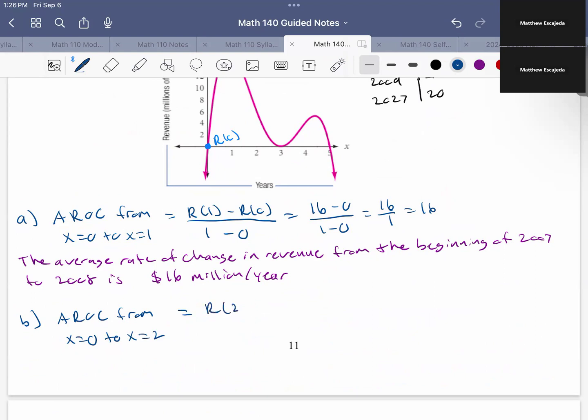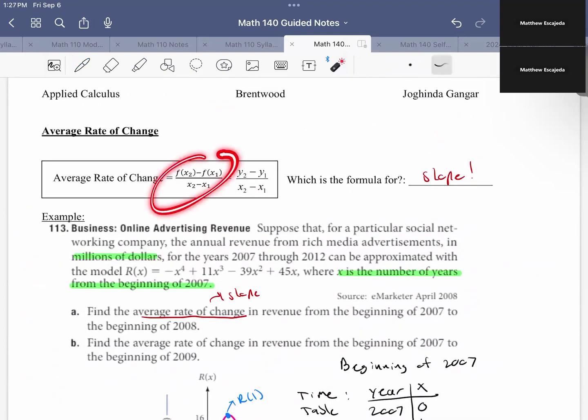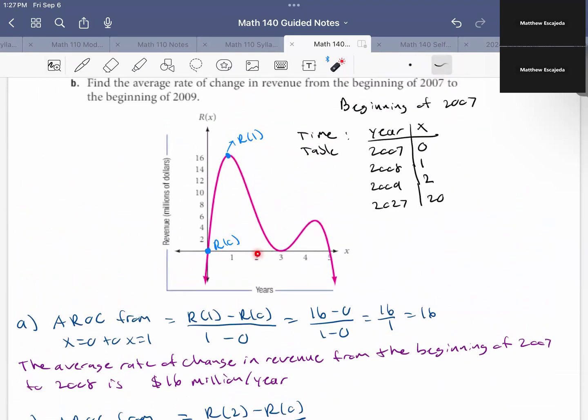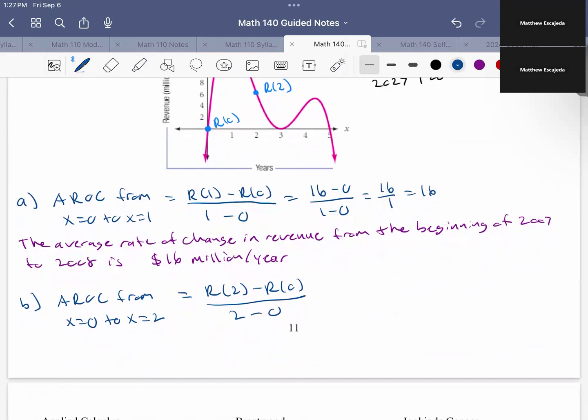So this equals r of 2 minus r of 0 over 2 minus 0, still using this formula up here. r of 2, we've got to figure out what that is. That's just the value at 2. It looks like it's 6. We have 0 already, so we just plug everything in. r of 2 is 6, minus 0, over 2 minus 0, and that's 6 over 2, which is 3.